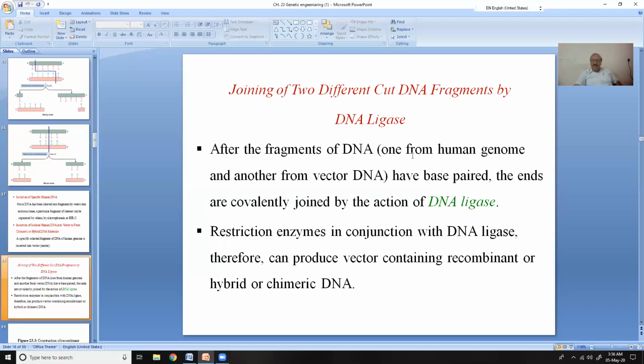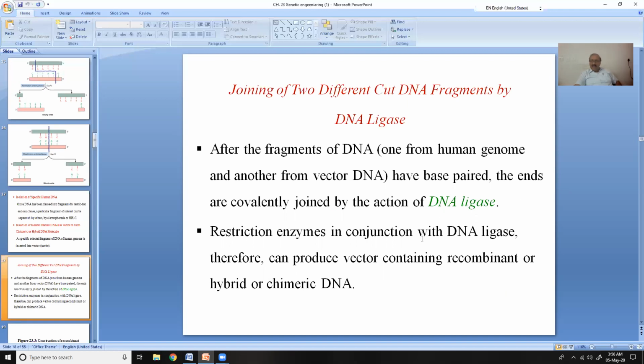After the fragments of DNA, one from the human genome and another from vector DNA, have been paired, the ends are covalently joined by the action of DNA ligase. You can say it is like a gum molecule.